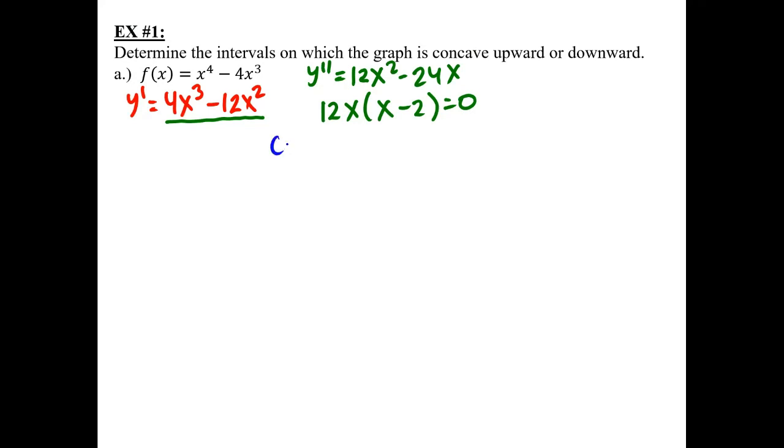So our critical points are x is equal to 0 and positive 2.